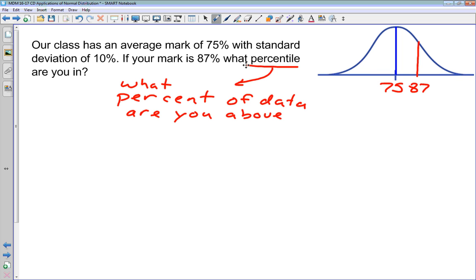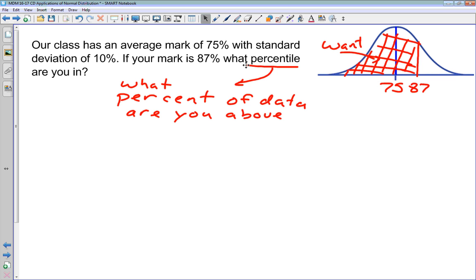If we're interested in the percentile, or the percent of data that you are above, we want to know what percent of the data is in this red shaded region, so everything from 0 all the way up to our mark of 87. This is the area that we want, that entire red region there.